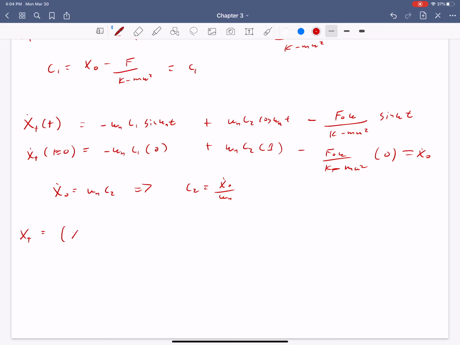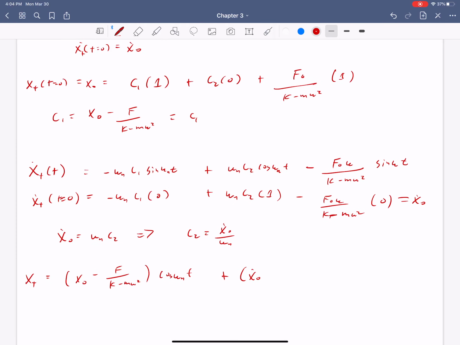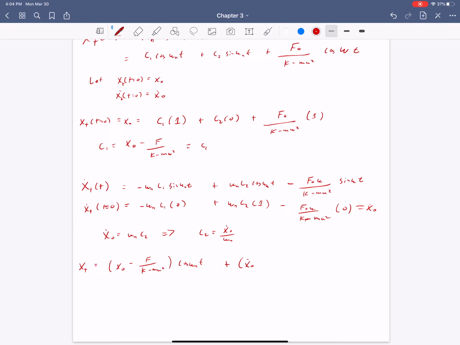is equal to x naught minus F naught over k minus m omega squared, times cosine omega nt, plus x dot naught. Hold on, I think I made a mistake in my notes.